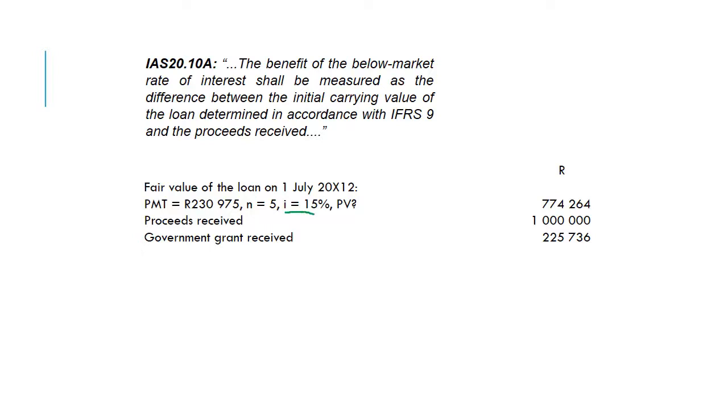Use the 15% to calculate your IFRS 9 fair value. Then you compare that to the proceeds of the 1 million that you received, and you get your amount for the grant, which is the 225,000. Okay, so now you have your amount for the grant. Go look at the rest of the example for the journals under each type of grant.